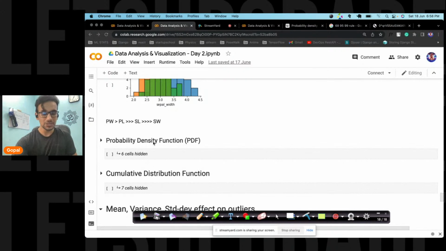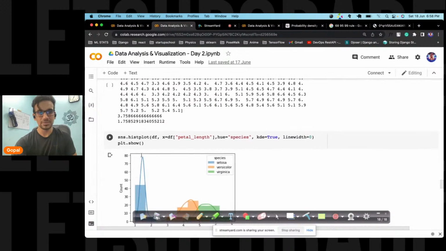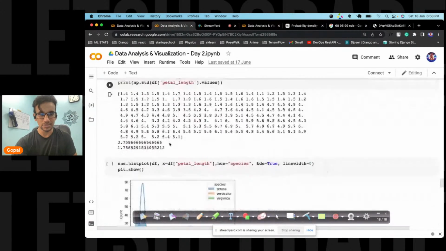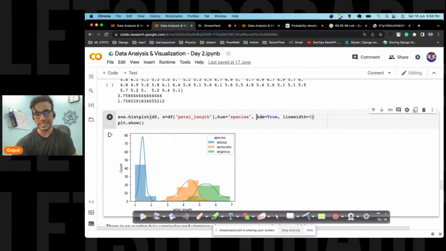Now let's talk about the univariate analysis with the help of PDF, which we just saw. I'm just creating some random values here. So how exactly can you have those? You just need to pass KDE as true, and the line width will be the line width of this PDF here.